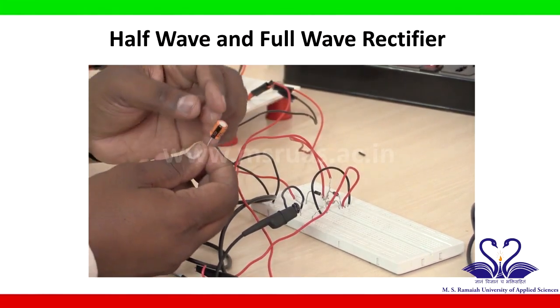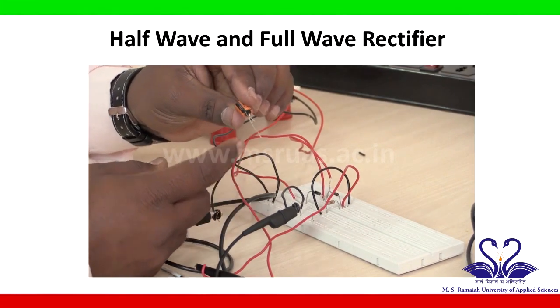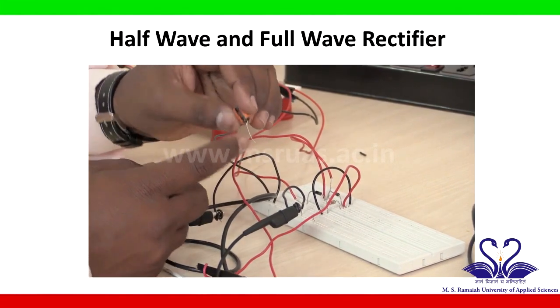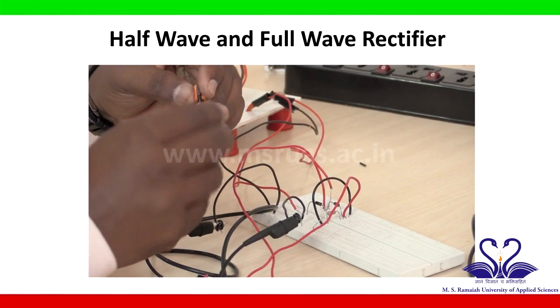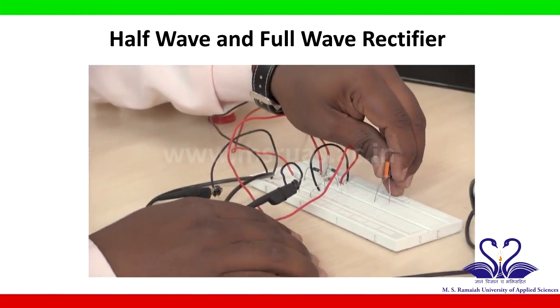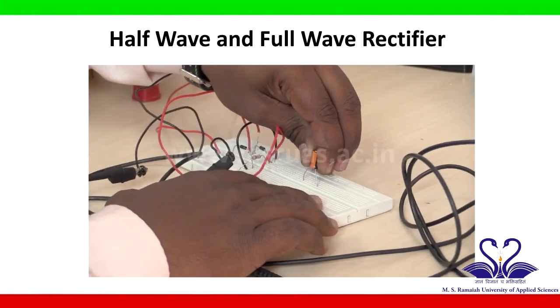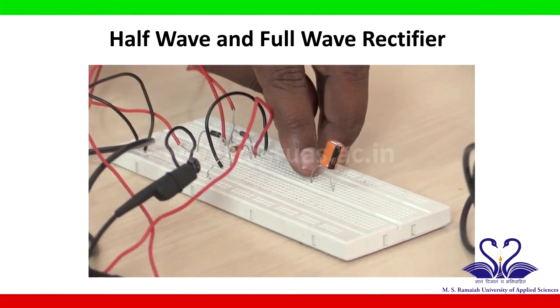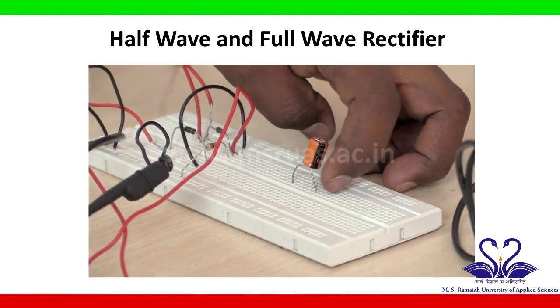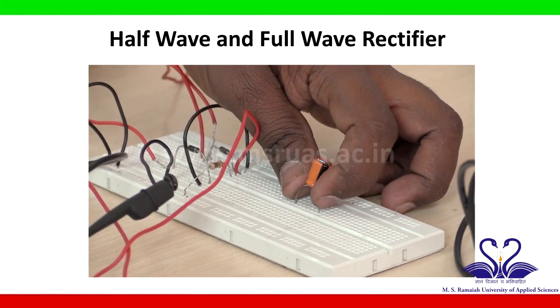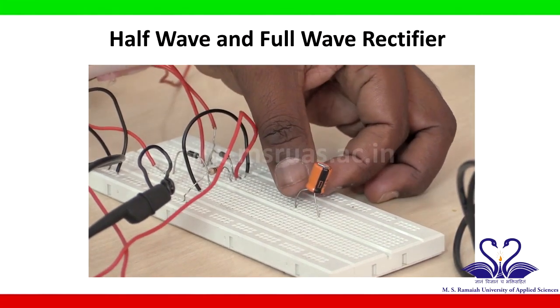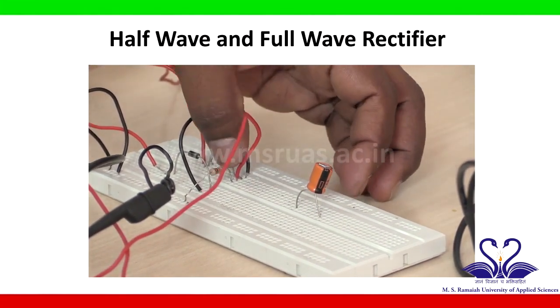So this is a capacitor which has two terminals, one is negative and another one is positive. I will connect this capacitor in the breadboard. If you connect a capacitor like this, this terminal is positive, this terminal is negative, and according to the circuit diagram, the positive terminal of the capacitor is connected to the resistor one end.